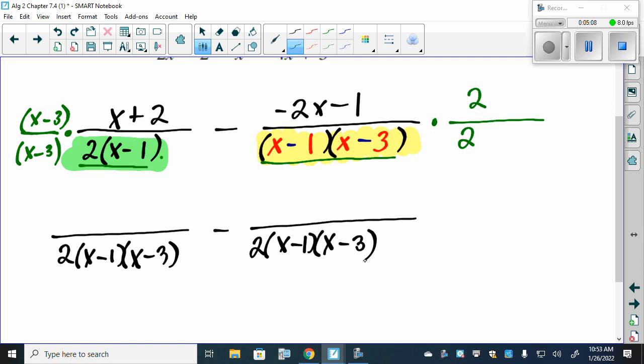Now we can multiply the numerators, and we're going to have to multiply them out in both cases because we're going to have to subtract the like terms. So for the first one here, well, we'll distribute. We'll do x times x and x times 2. Well, x times x is x squared. X times 2 is going to be plus 2x.